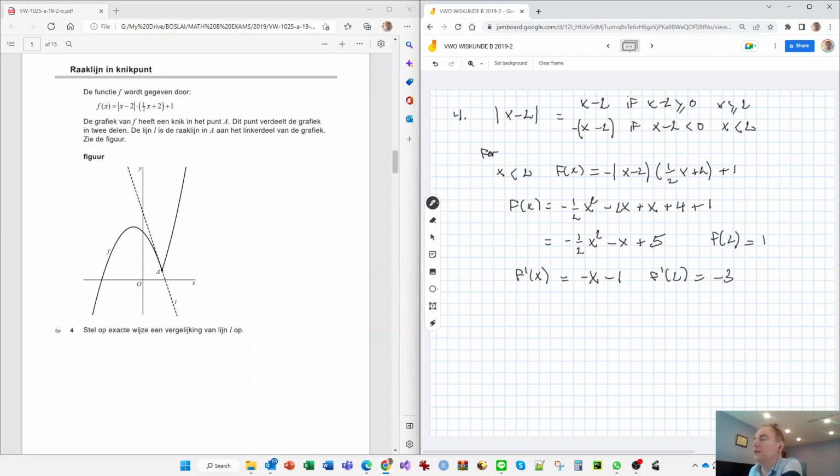And now the equation of the line L. So let's set up the general form, like the slope-intercept form, but we know m is negative 3, and we want this point to be on the line, so we demand that 1 is negative 3 times 2 plus b, so b is equal to 6.